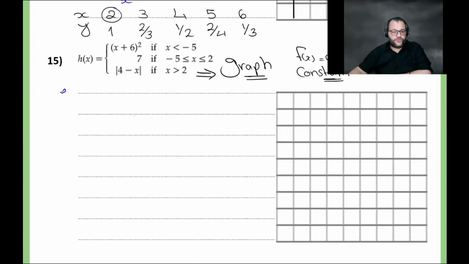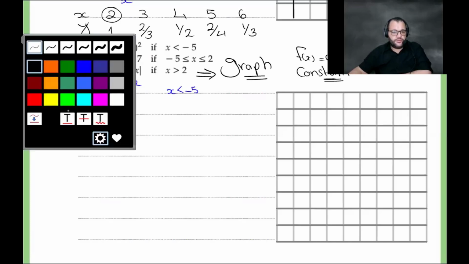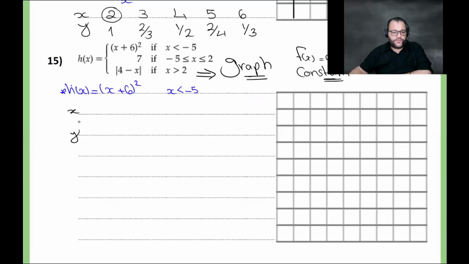That is the first function. h of x equals (x plus 6) to the power 2, and we have a condition that x is smaller than negative 5. So we will complete the table. That's x and that's y. We'll start from negative 5, and it will be open.